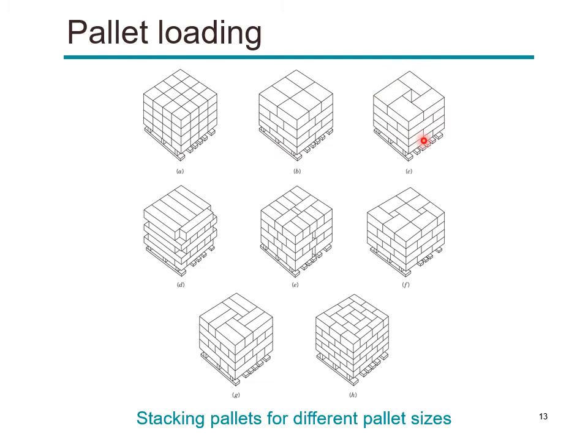Again, this is another example of loading. You see at the midpoint here, there is a gap. It's not possible to fully utilize the whole space, and in order to increase the stability of the load, such a loading is used. Again, you can observe different types of loading depending on different dimensions of the containers and the pallets.